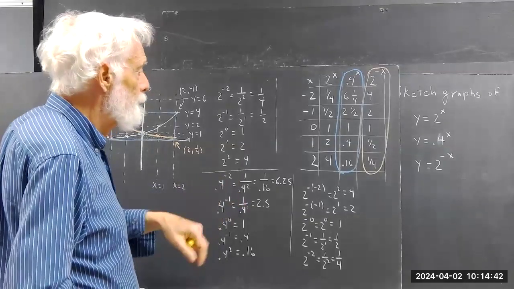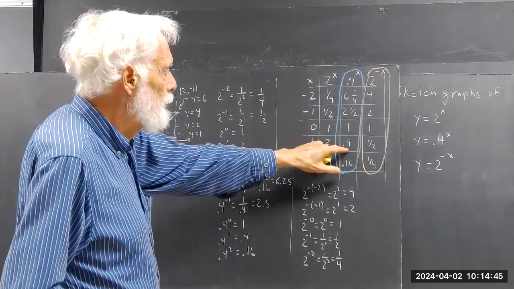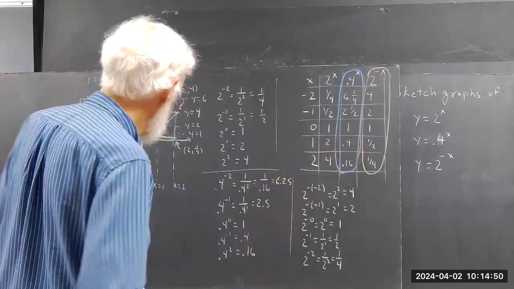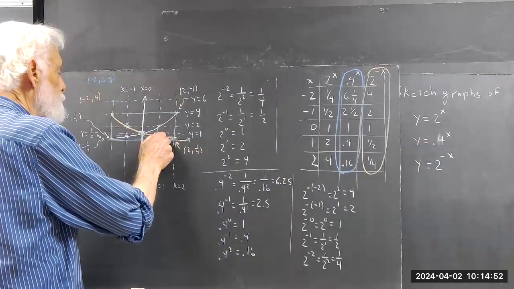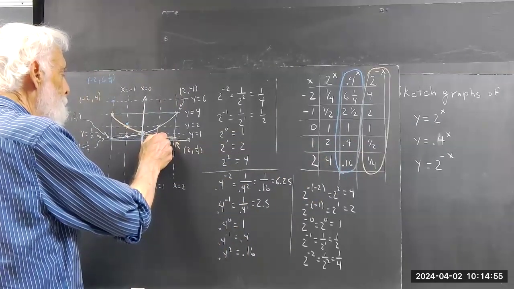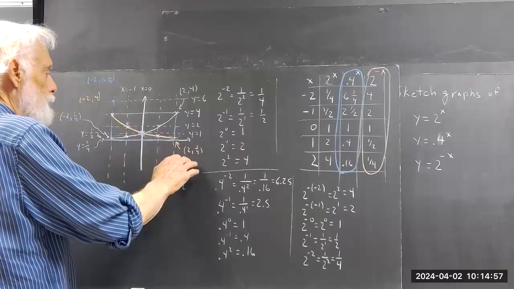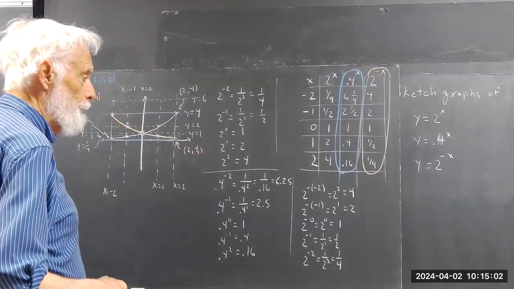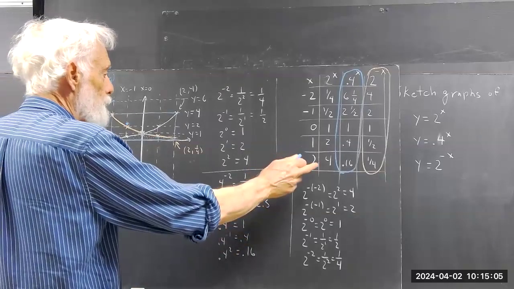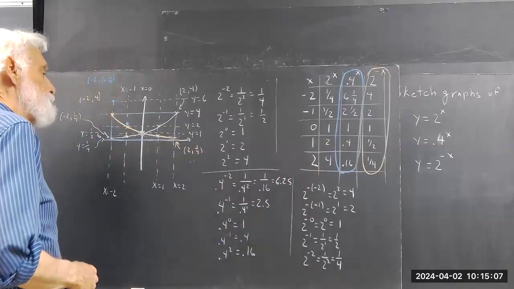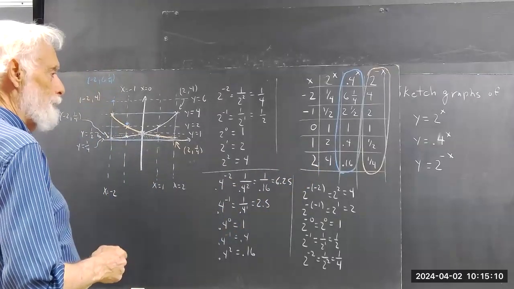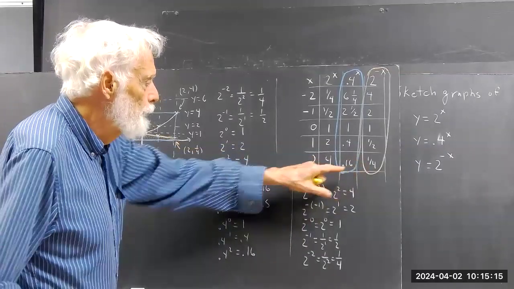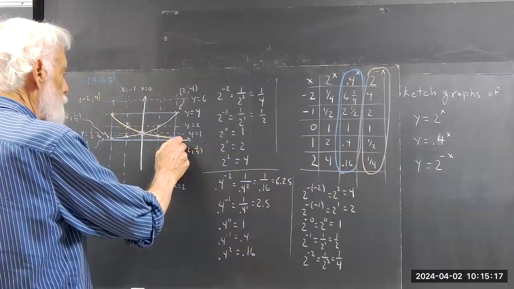Okay, then when x is 1, we get 0.4. 0.4 is a little less than 0.5. 0.5 is 1/2. So the graph will be just a little bit lower than the graph of 2 to the negative x, if you want to make the comparison. And then 0.16 is somewhat more than a half of 1/4. 1/4 is 0.25, and 0.16 is going to be somewhat lower than that.